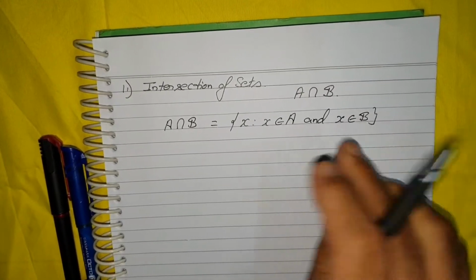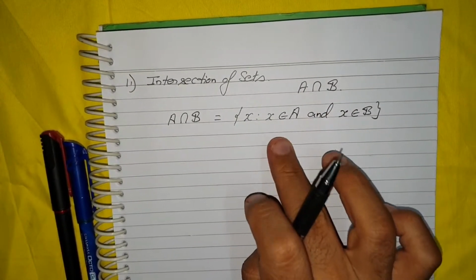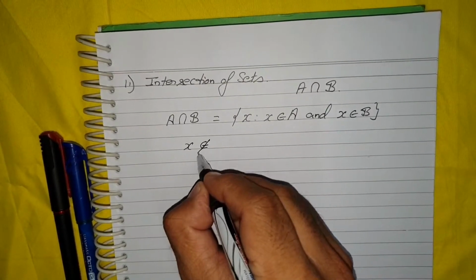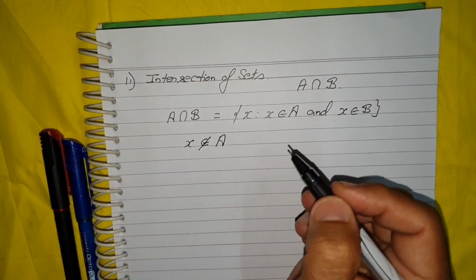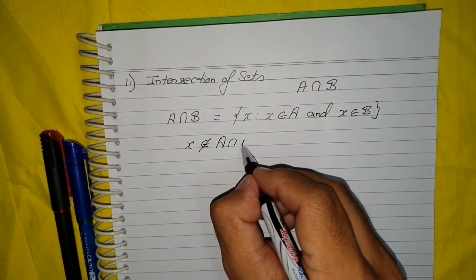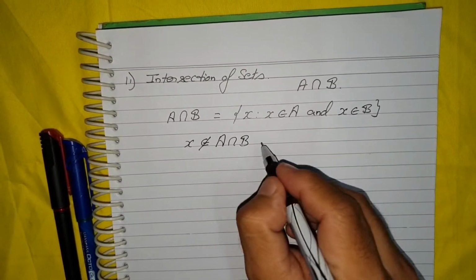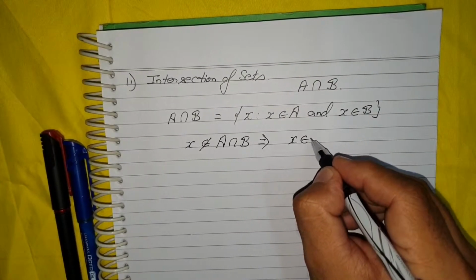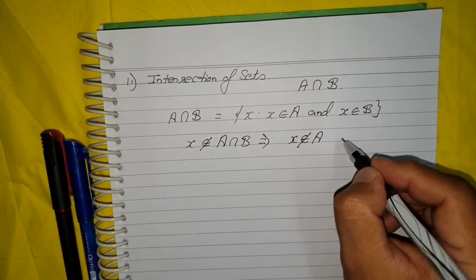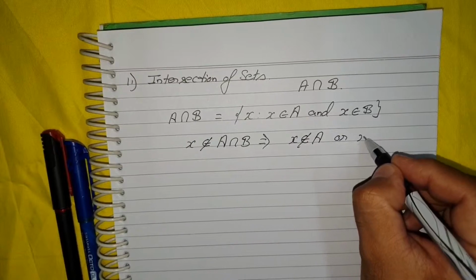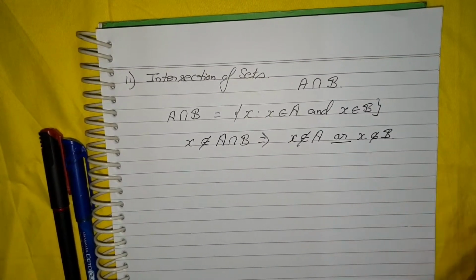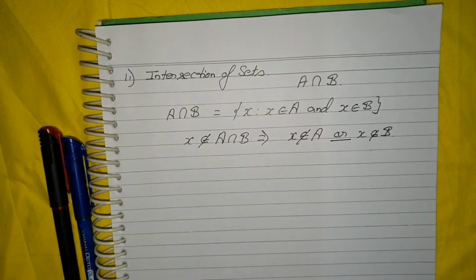And if x does not belong to A intersection B, this implies x does not belong to A or x does not belong to B.